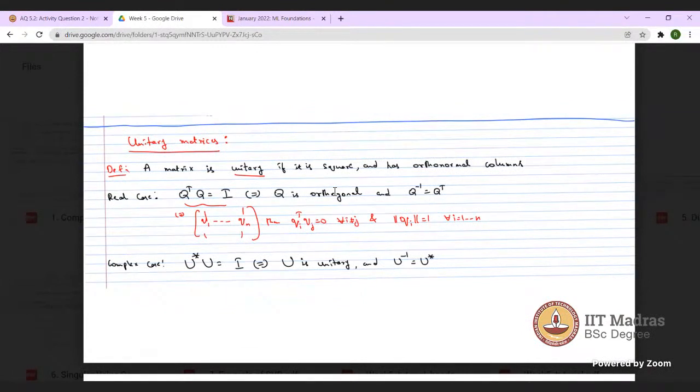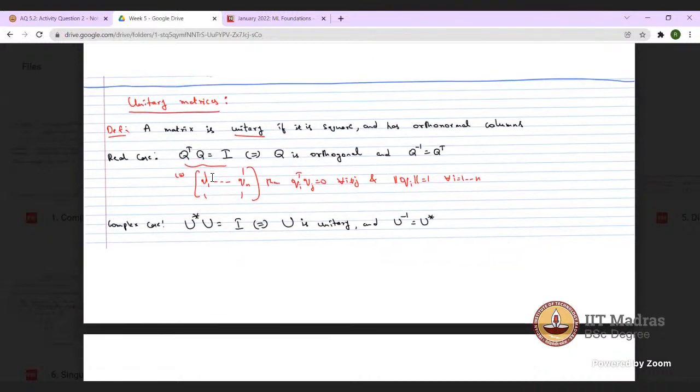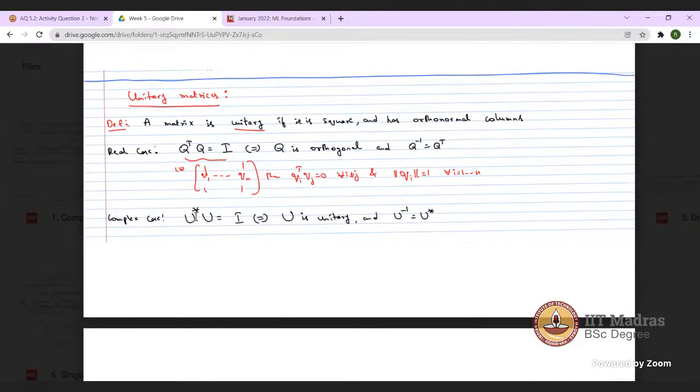So before, we talked about Hermitian matrices, where the transpose conjugate should be the same as the original matrix. Then only do we call it a Hermitian matrix. For a unitary matrix, the condition is different.